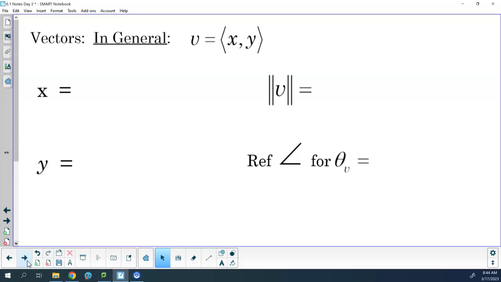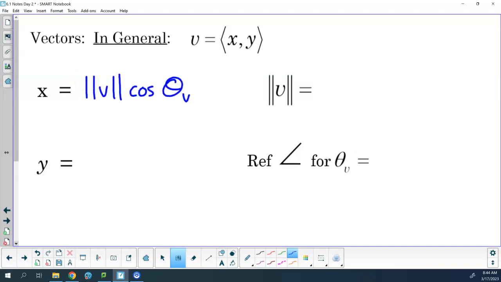So x is going to be the magnitude of v times the cosine of v's direction angle. So how far out you go, at what angle you go out. The y value is going to be the magnitude of v times the sine of its direction.